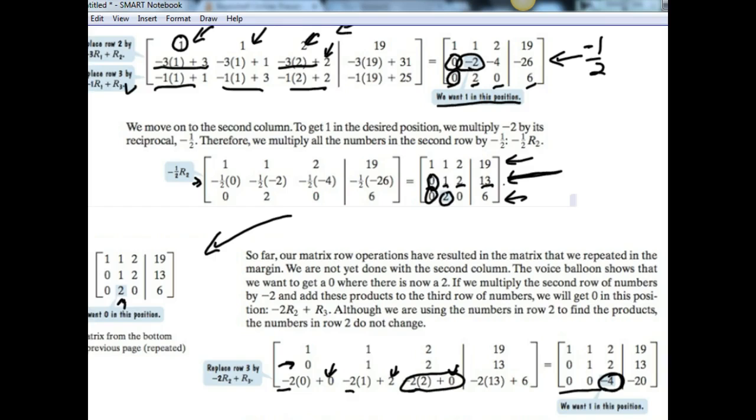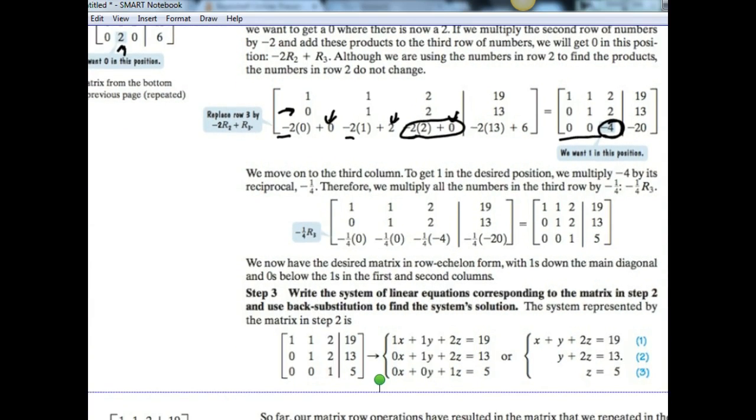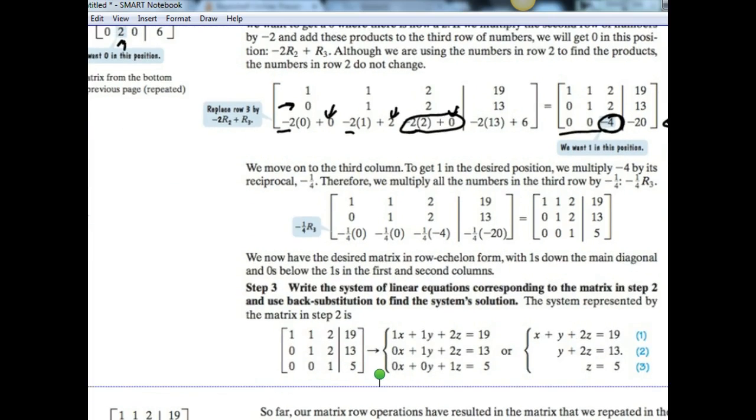Now ultimately I need to turn that -4 into a 1. So I'm just going to divide this row by -4, or multiply by -1/4. Dividing by -4, multiplying by -1/4 is the same thing.